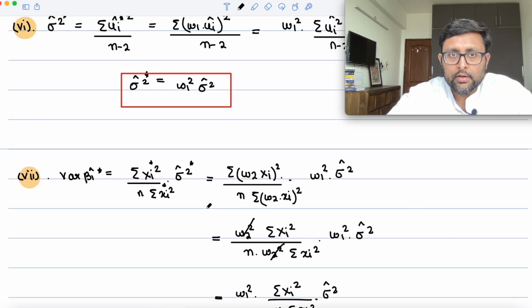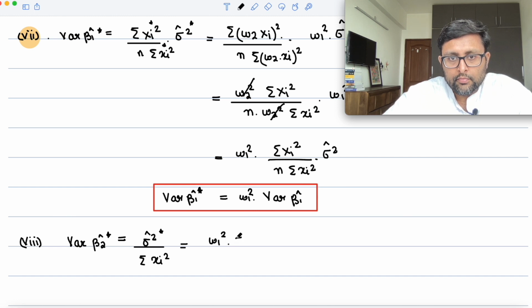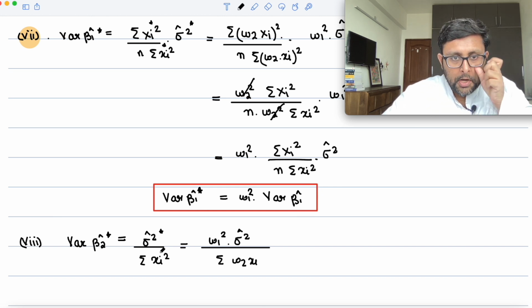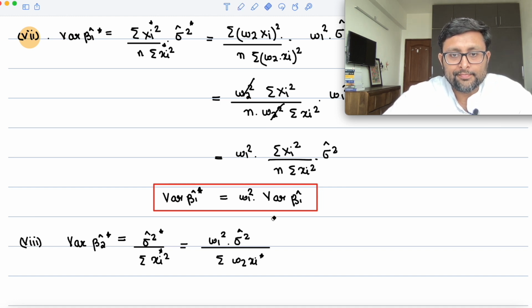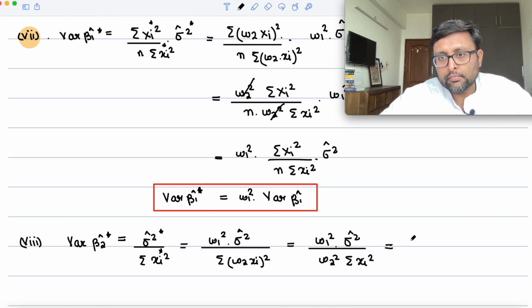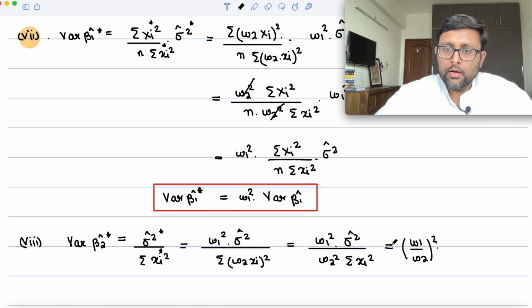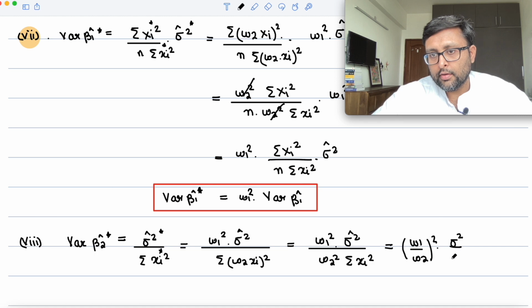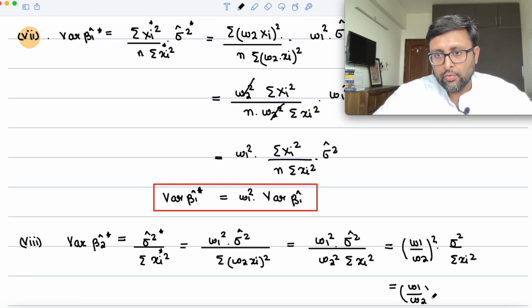You have just found this out earlier: W1 square sigma square hat, whole upon W2 square summation of small xi square. So that is W1 by W2 whole square sigma square hat upon summation of small xi square.